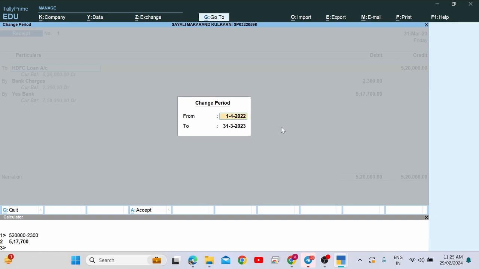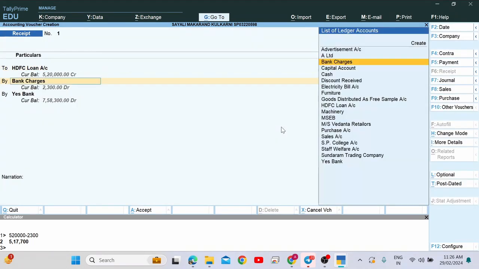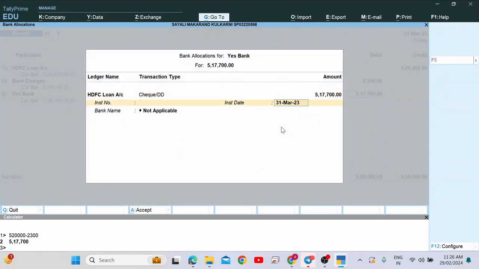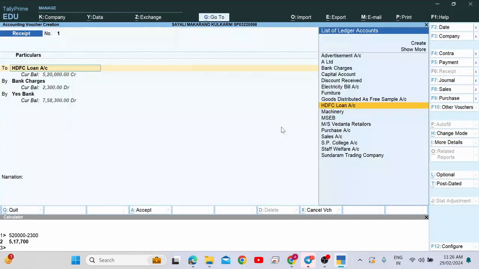As I said while passing the first 10 entries, I told you to change the period with the help of Alt F2. If you have 23-24, then no need to change, but if you are not in this period, change the period with the help of the Alt F2 button. I'm changing my period, and after changing the period, it will accept.